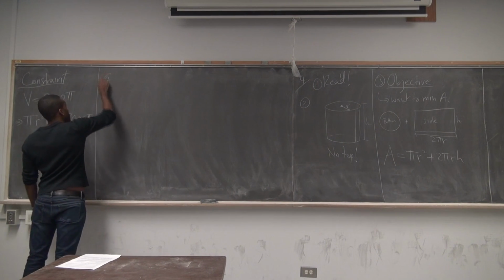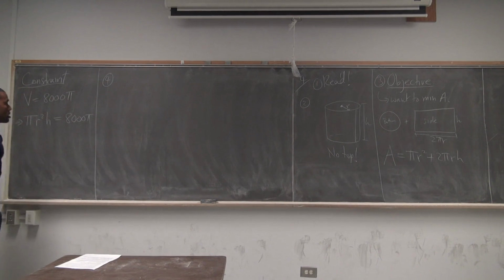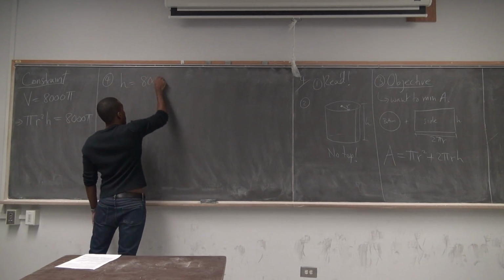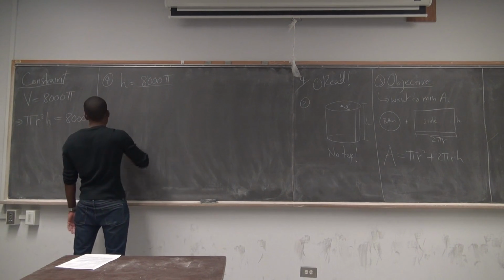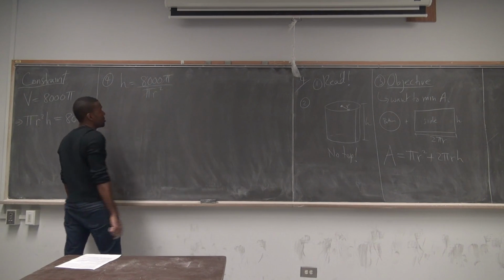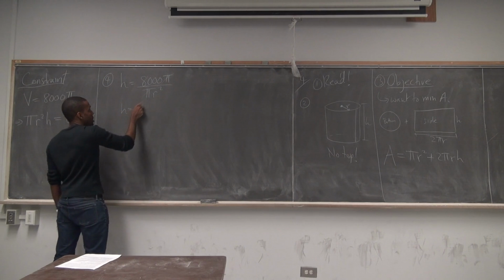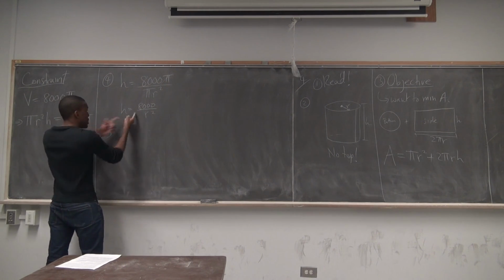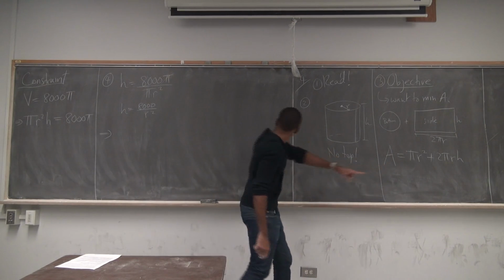Which brings us to step 4. Step 4 is to solve for one variable here and plug into the other one. Which do you want to solve for? I'd solve for h to avoid having to take the square root. So this is going to be 8,000 pi divided by pi r squared. Pi's cancel, so h equals 8,000 over r squared, which means I'm going to take this and plug it into that.